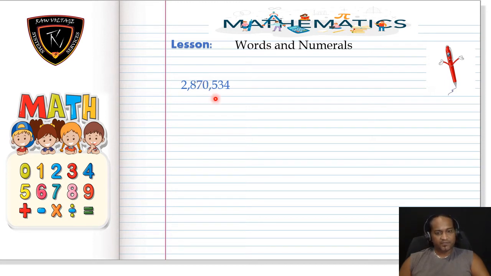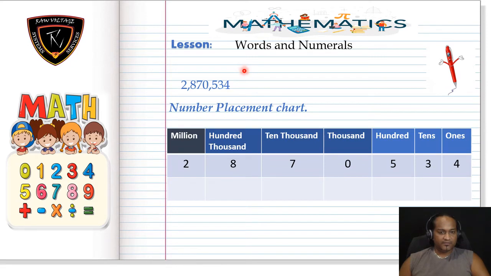Right? It helps to read these numbers by using what we call a number placement chart. And this is a number placement chart here. So it starts with ones, tens, hundreds, thousands. We move on from thousands to tens of thousands, hundreds of thousands, and we go to million. So when we read this number here, we start at the right.